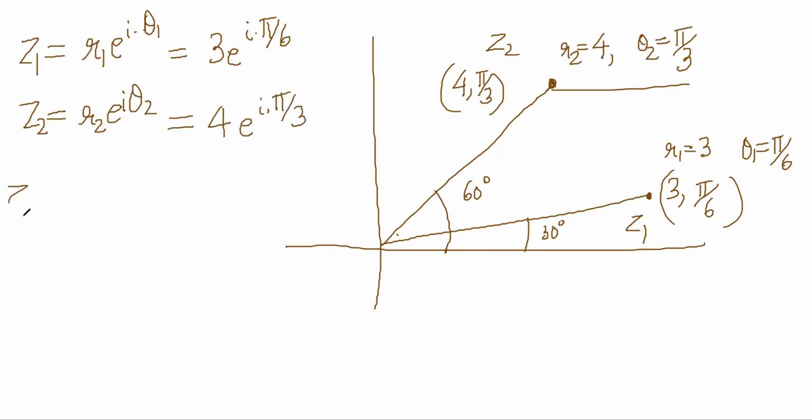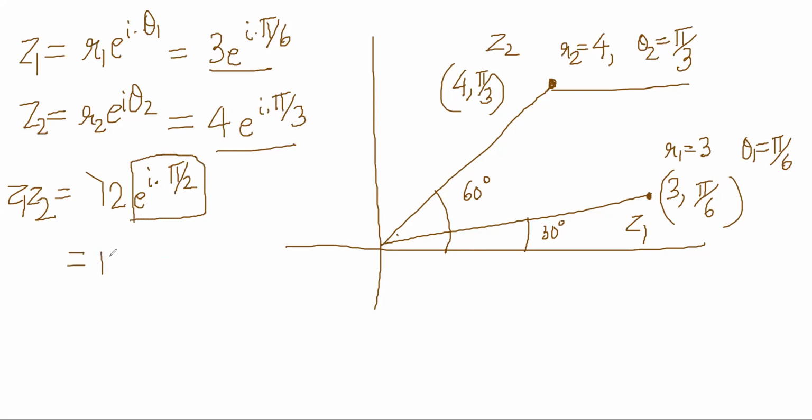So the product of the numbers would be what? Multiplication of these two, right? That will simply be 12 e power i (pi by 6 plus pi by 3), so that will be pi by 2. You already know the answer will be at a 90-degree angle, so it will be on the y-axis at a distance of 12 units.